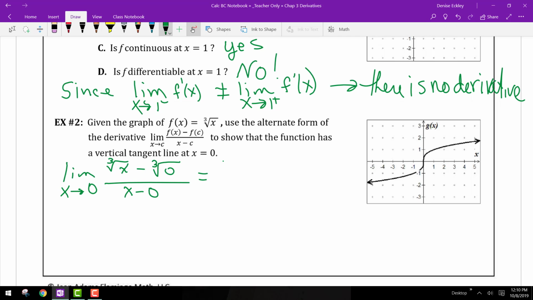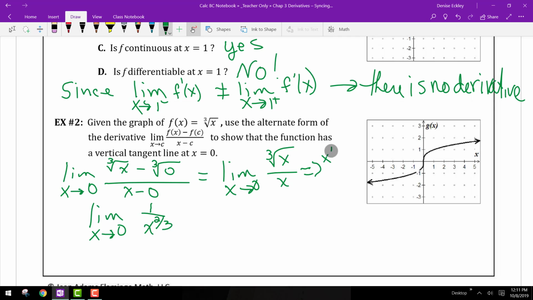So this is going to give me the limit as x approaches 0 of the cube root of x over x when I simplify everything. So if I simplify this fraction, I'm going to get the limit as x approaches 0 of 1 over x to the 2/3, because this is actually x to the 1/3 divided by x to the 3/3.